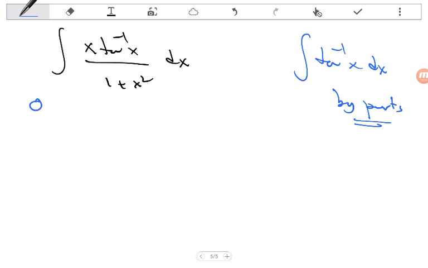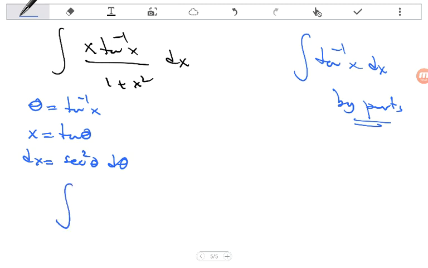How? We say here that theta is equal to tan inverse x, which means that x is equal to tan theta. So dx is equal to sec squared theta d theta. Okay? Now we make the substitution. x is tan theta. Tan inverse x is theta.